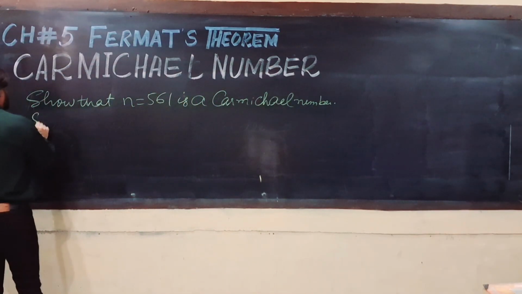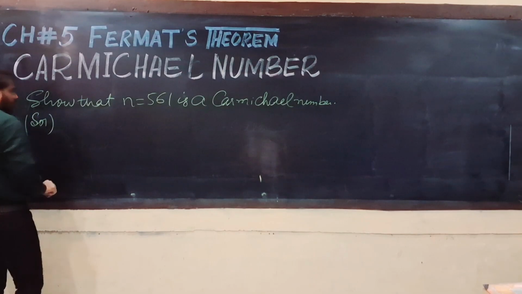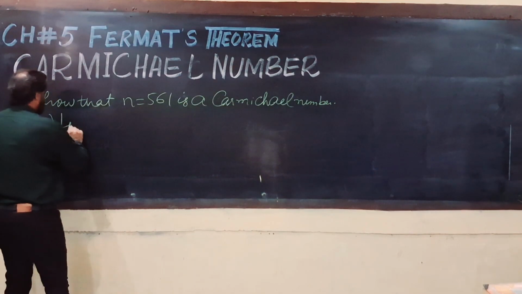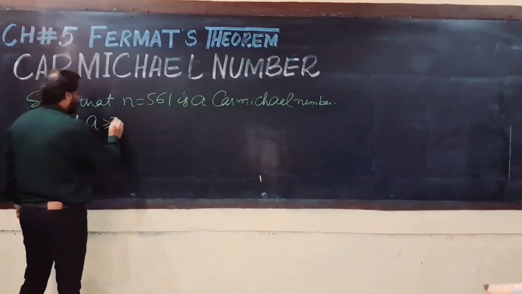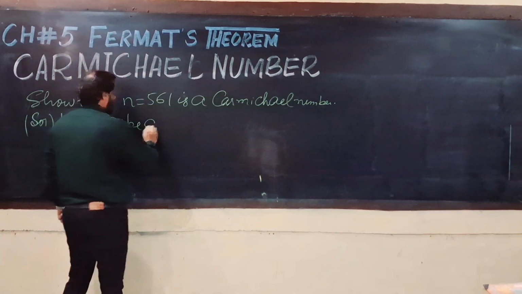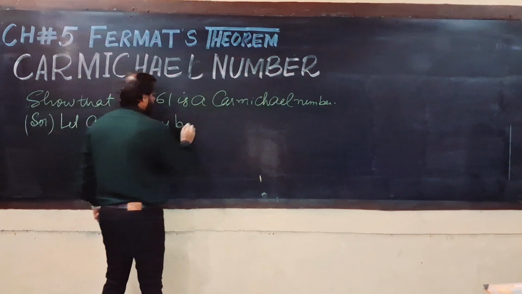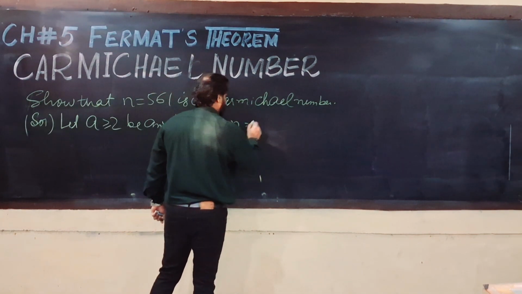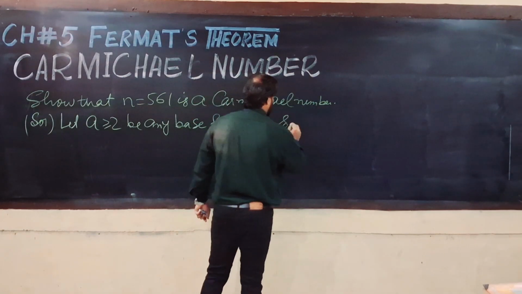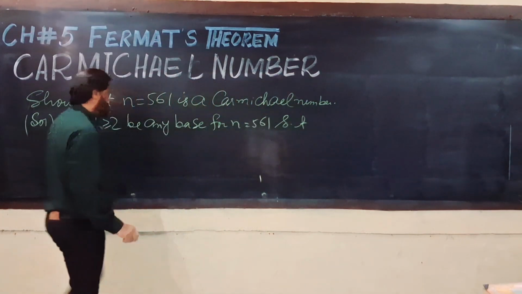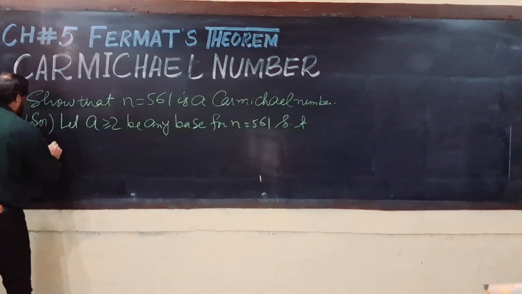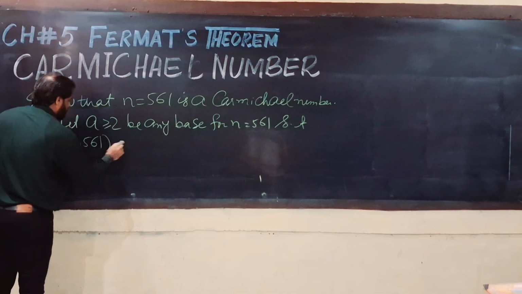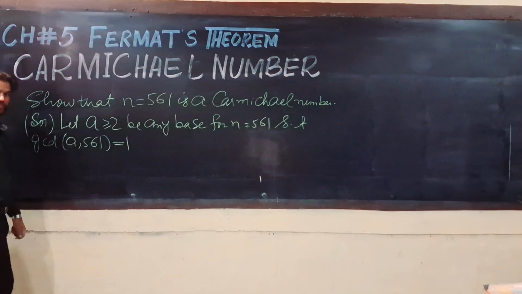To show this is a Carmichael number, firstly we have to choose an arbitrary base. Let a greater than or equal to 2 be any base for n equal to 561 such that this base a and this number 561 are always co-prime.